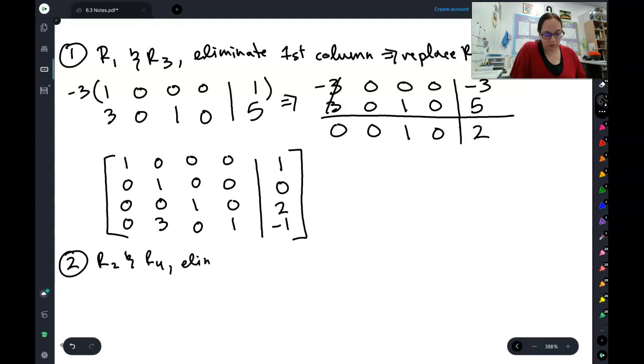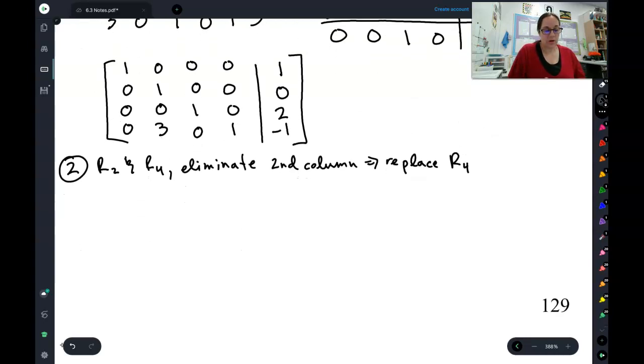we're going to eliminate the second column and then replace row 4 with that answer. So I'm going to have you once again pause the video to do that. Here's row 2 and row 4.